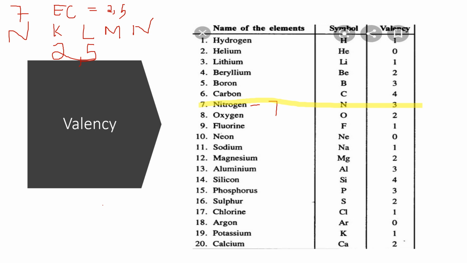Instead it will complete its octet, that means it will fill its shell and become stable. So it will take 3 electrons from another atom. If we take 3 electrons, how many electrons will be in the outermost shell? It is 5 plus 3, which is 8. Correct? So nitrogen has a valency of 3.